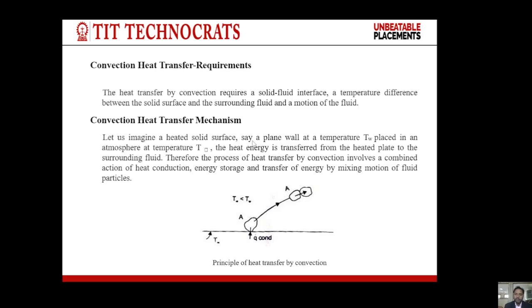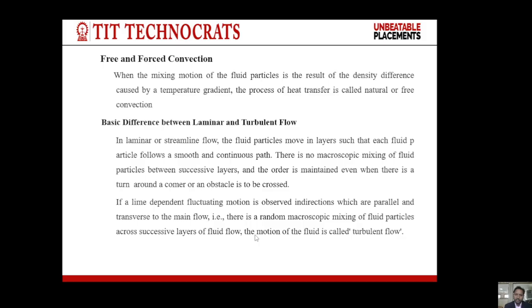The mechanism is simple, that is the temperature difference. There should be a temperature difference between solid surface and the surrounding fluid. So here let us suppose that this is the wall having temperature TW, and fluid flowing temperature is T infinity. So there is the temperature difference, that's why heat transfer will take place.